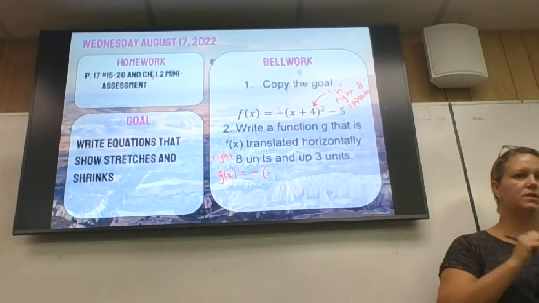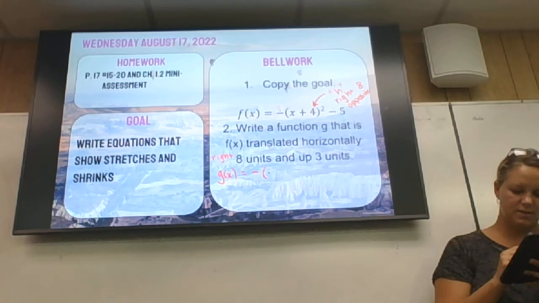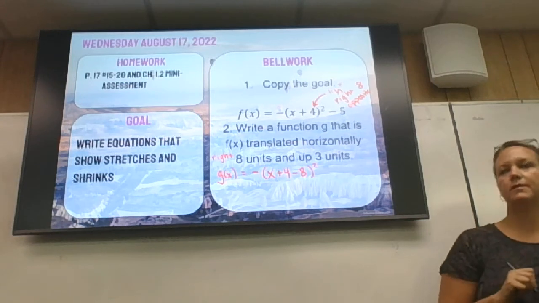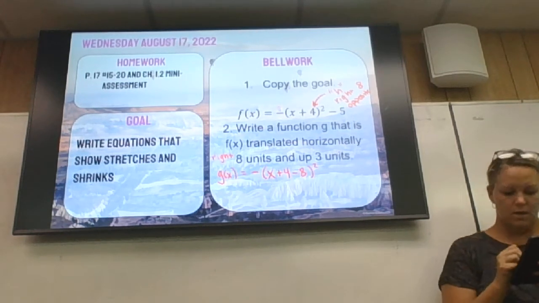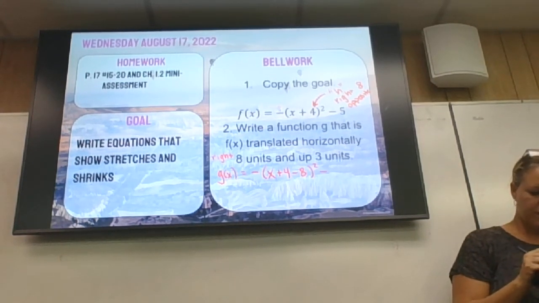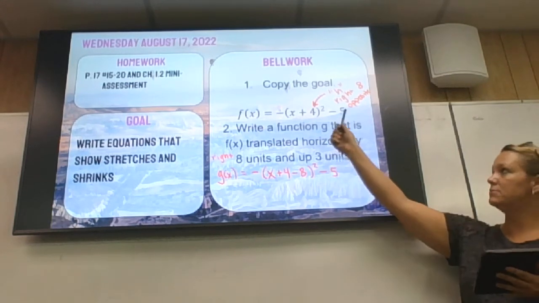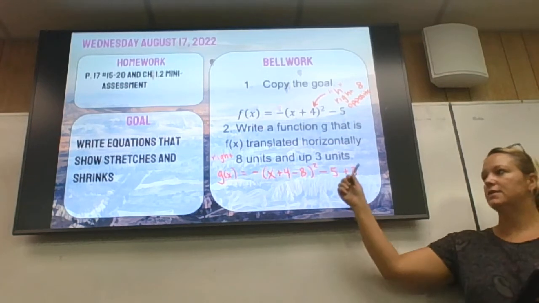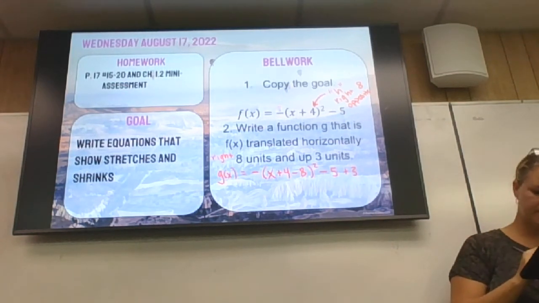So when I go into the equation, I always do the opposite. So I'm going to write x plus 4 and then minus 8. And this is what I mean by showing my work. So if I want to go up 3, I need to change the k value. So I'm going to put plus 3 at the end.